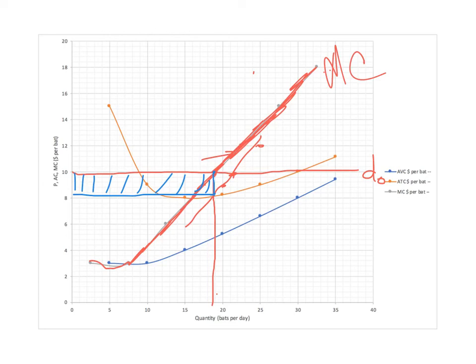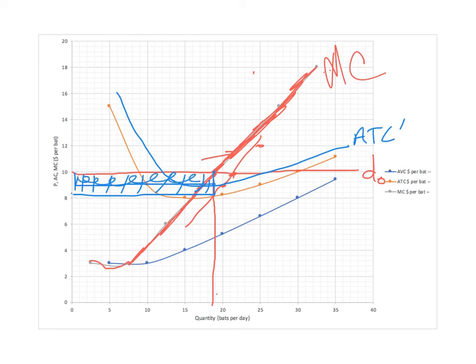Let's see, $1.90 times 19 would be 37. I missed a decimal place there, off by an order of magnitude. Anyway, profits at 37. So a $10 tax would shift up our average cost curve by some amount, and our profits would certainly be lower.